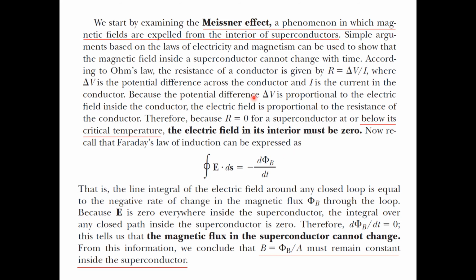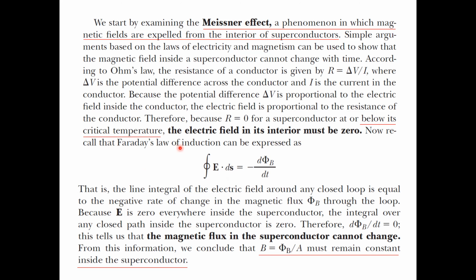Because the potential difference ΔV is proportional to the electric field inside the conductor, the electric field is proportional to the resistance. Therefore, because R is 0 for a superconductor below the critical temperature, ΔV is going to be 0, and ΔV is proportional to the E field. So it has to be 0 right here.